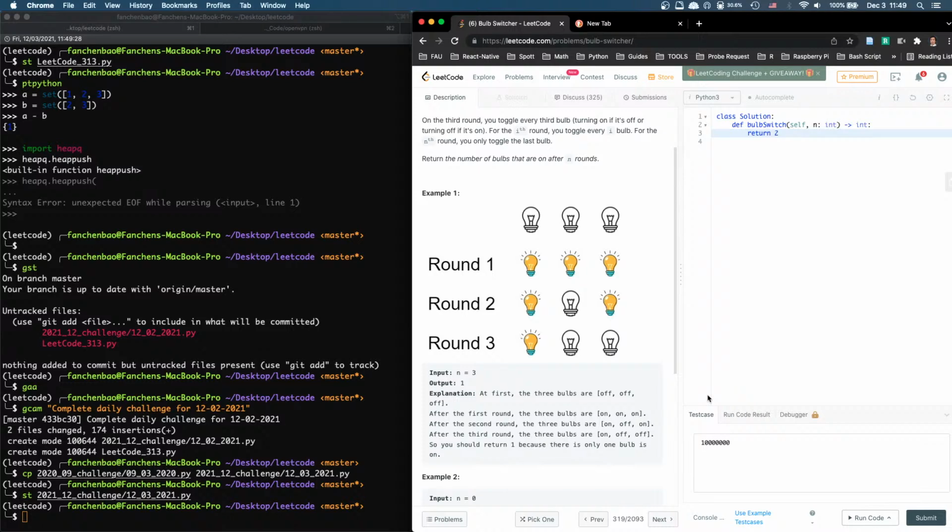9 is 3 and 9. So 2, 3. So 9 will be on. 9 is the same as 4, right? So 9 will be on, which means we got to 3. 10. 10 is 2 times 5. So 10 will be on as well. Hold on.